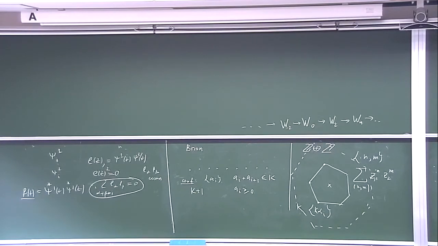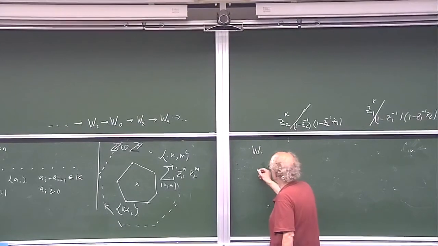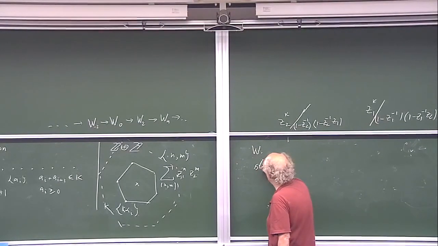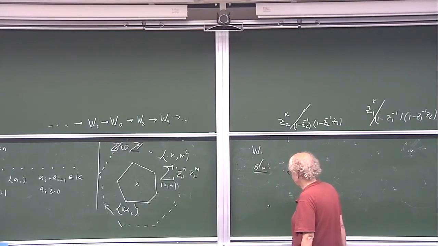For example, what is, in a sense, the combinatorial version of the Weyl character formula? You have some Lie algebra, suppose SL3, to take the simplest possible, not completely trivial case.